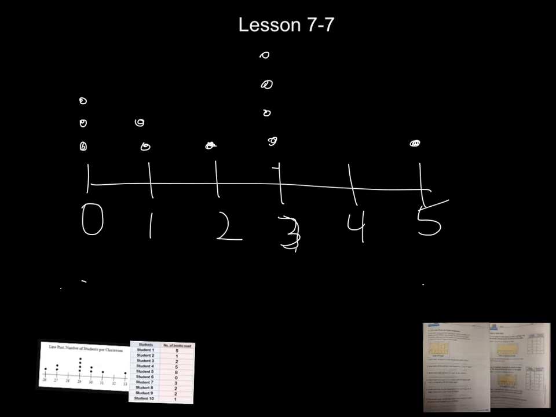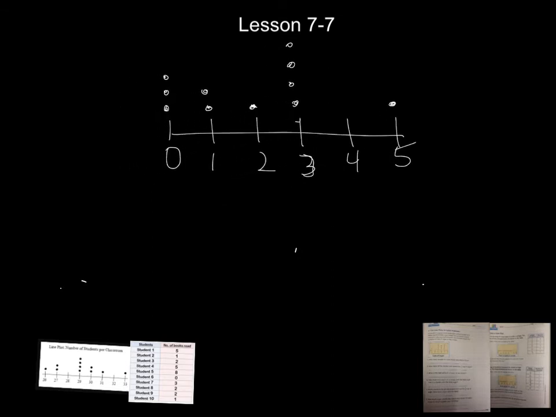Well, 3 brothers and sisters was the most frequent. And how many students had 3 brothers and sisters? 4, because there are 4 data points.